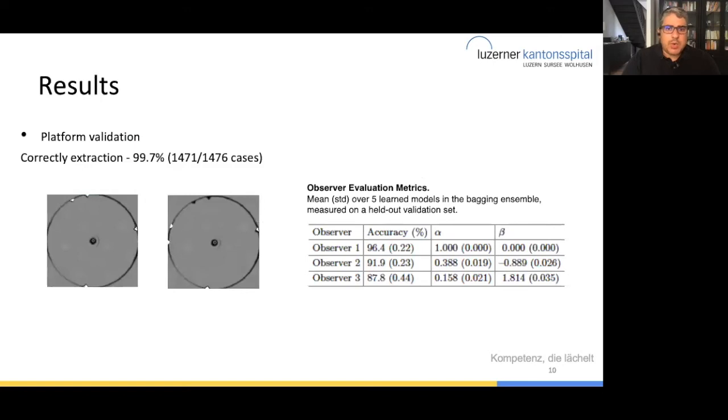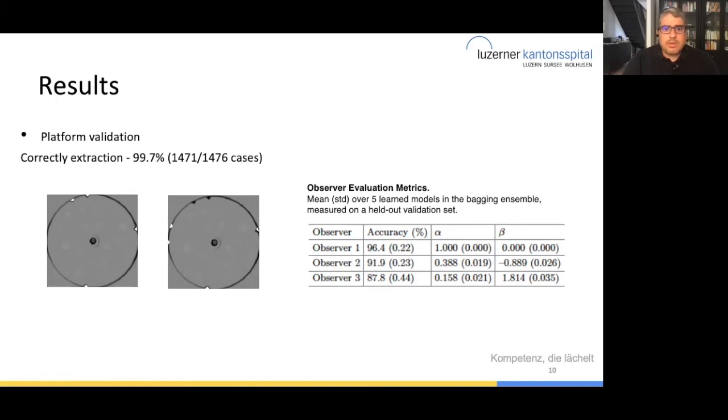On the inlay extraction part, we computed the correct extraction of the inlay position, and our algorithm was able to correctly extract the inlay in 99.7% of the cases. For the 0.3% of the cases where the inlay was incorrectly extracted, we did a manual positioning of the inlay.